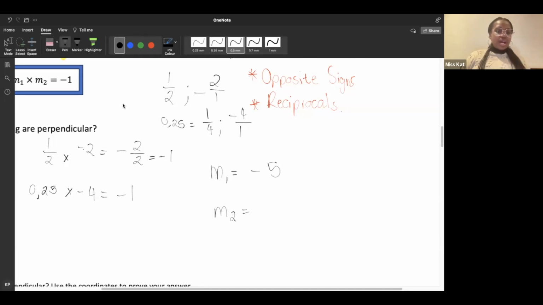We have to start with the signs. They are opposite signs. So if gradient number 1 is negative, then gradient number 2 has to be positive. We have fulfilled condition number 1.